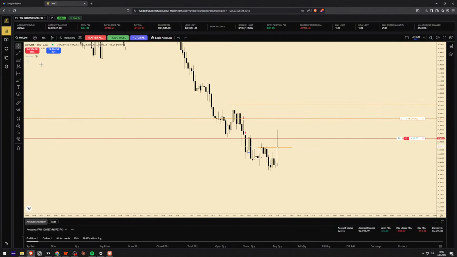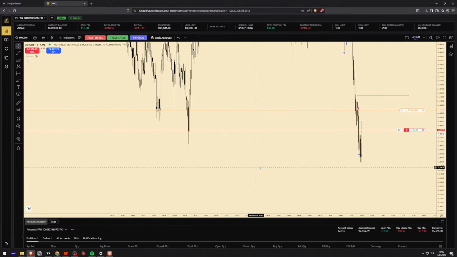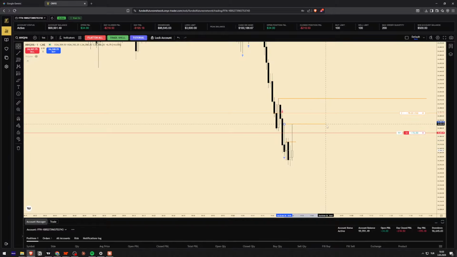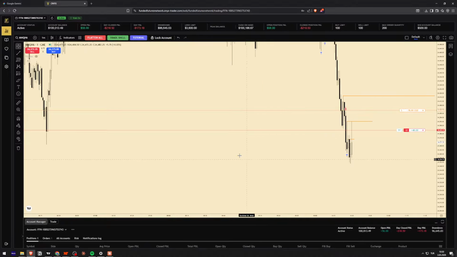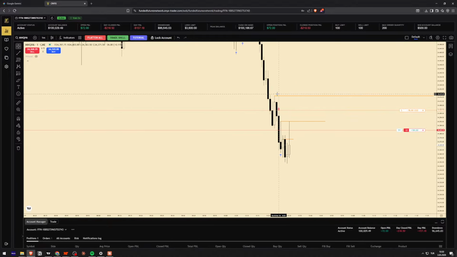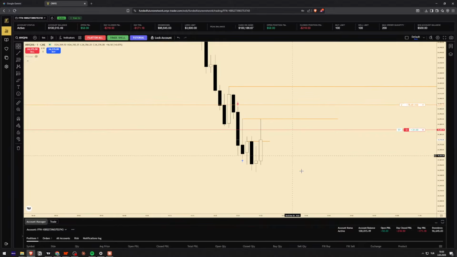Okay, price just took this level. Let me check it on the 1 minute chart. That still seems nice. The tap is below the range. Price tested this here, this over here. Price swept this one. Just give me a second.